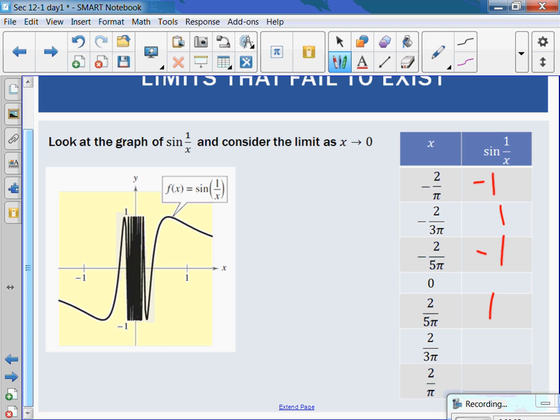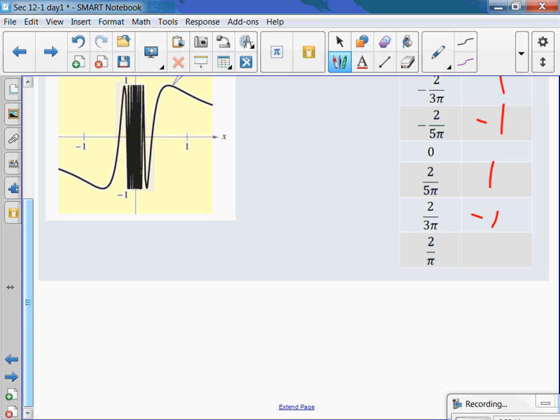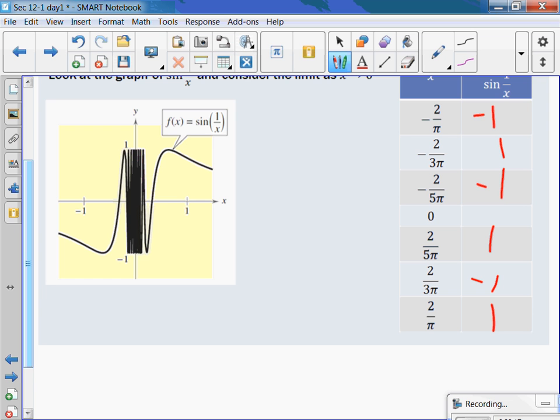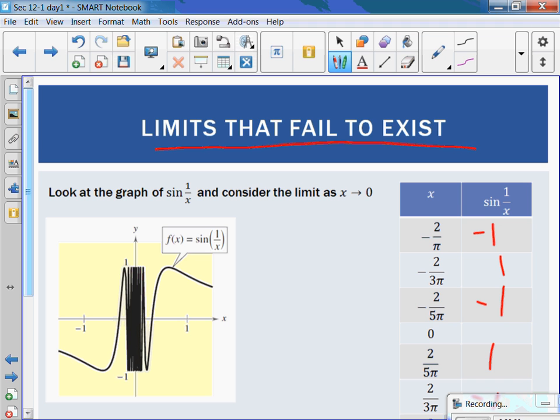So what is the limit as x approaches 0? That's a key thing here. But here you can see, as I get closer and closer to 0, I can keep on choosing smaller numbers, smaller numbers, smaller numbers.